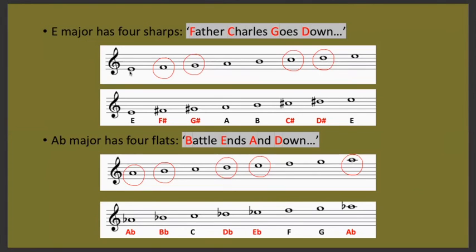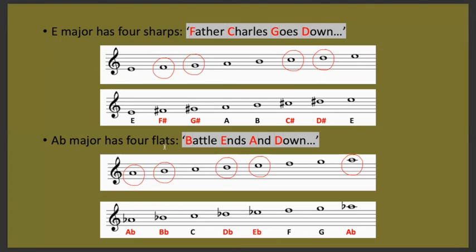So we write out a scale from E to E without any accidentals, filling in every single note in between on each line and space. And I'm just putting a sharp in front of all the letters that correspond to the mnemonic. Father Charles goes down. F, C, G, and D.